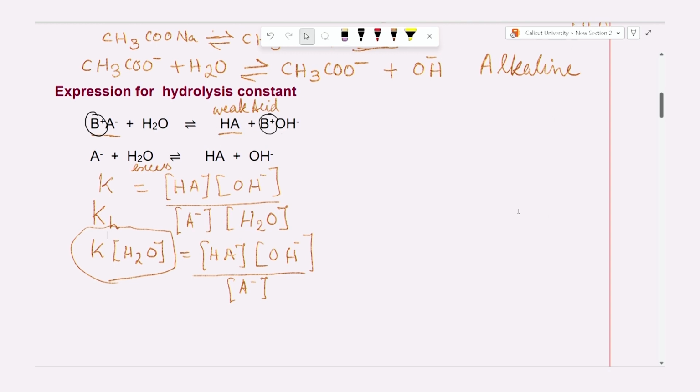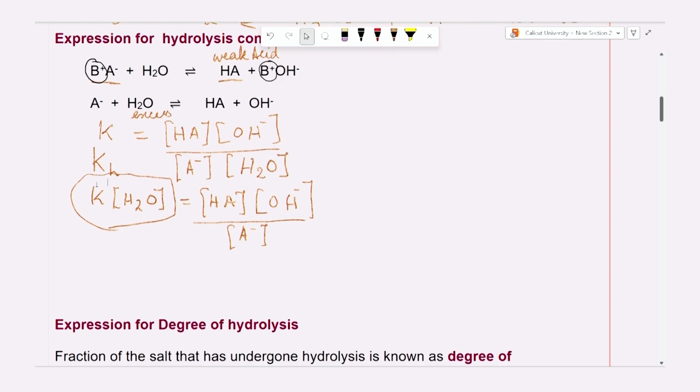So, I can write this expression as Kh is equal to concentration of HA into concentration of OH minus, whole divided by concentration of A minus. Let this remain here.